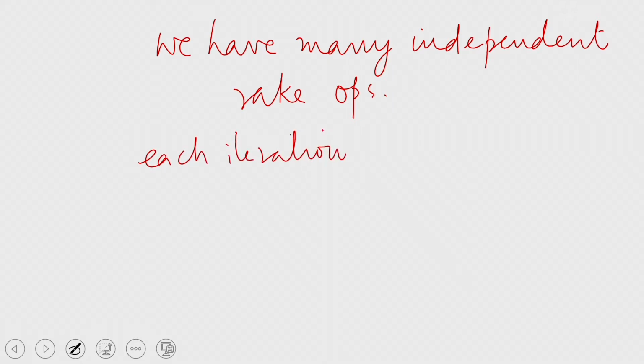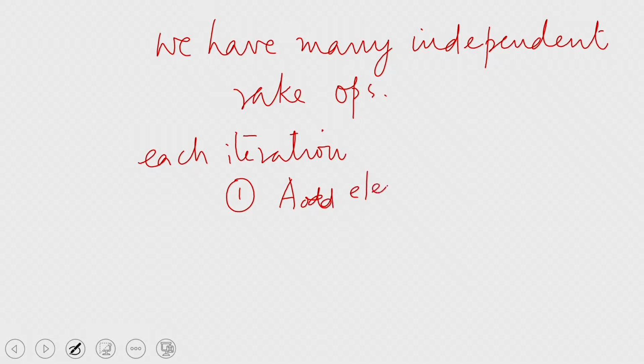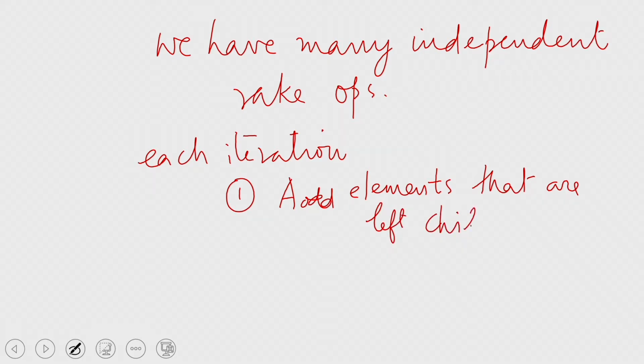In each iteration, first we had all the odd elements that are left children raked simultaneously.